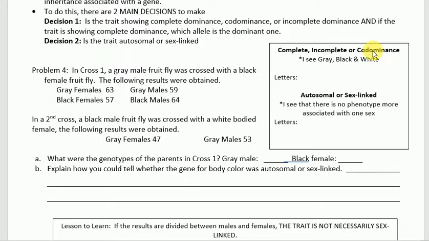Well, you can't have gray without black and white. So in this case, we're looking at incomplete dominance, and our letters would be B prime for gray, B for black, and B prime for white.